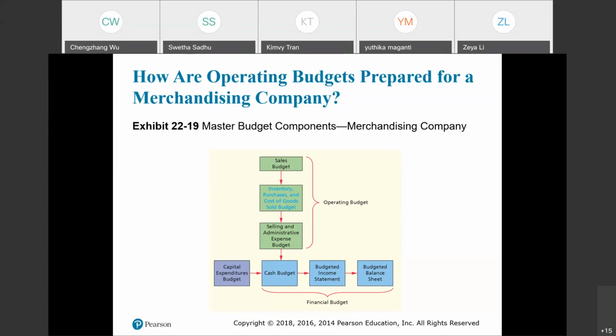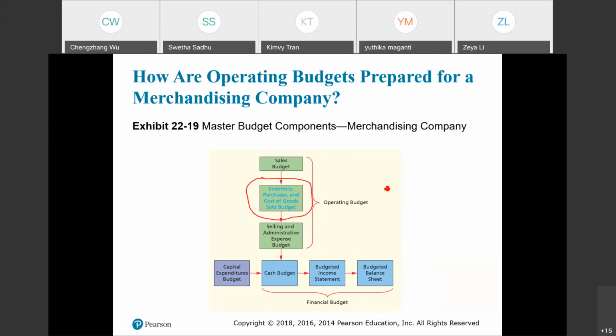So as you can see, the only difference for the budget structure is here. The parts listed in blue words is the difference.